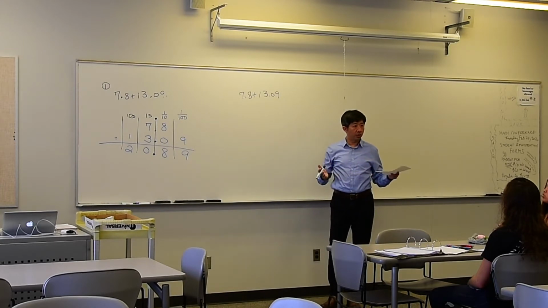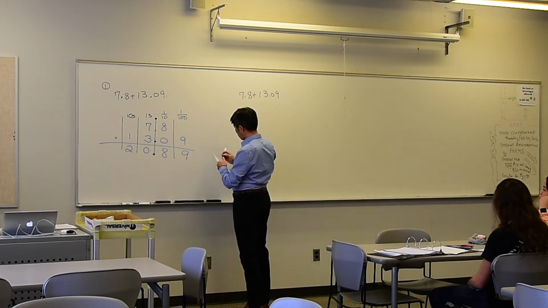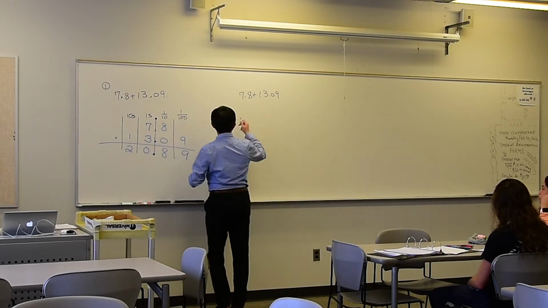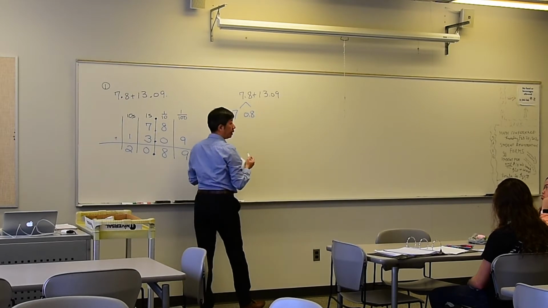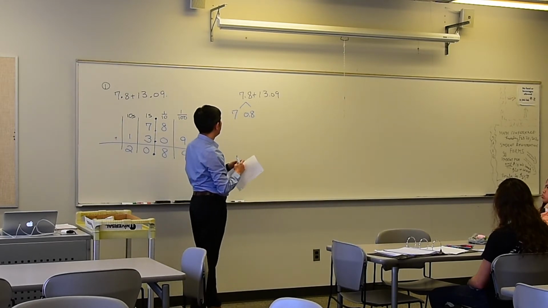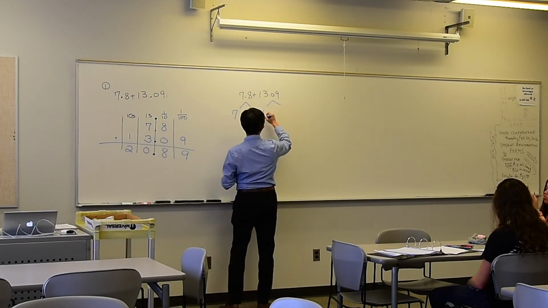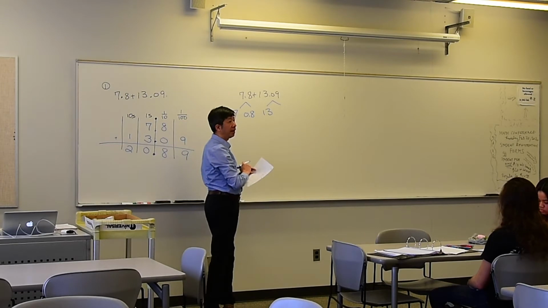Can I decompose this as 7 and 8 tenths, right? So I want to decompose 7 and 8 tenths. Right. And what about 13.09? So can I decompose it as 13 and what? 9 hundredths, right?